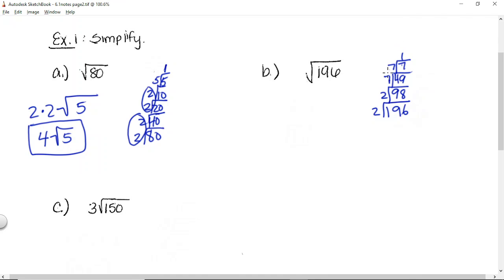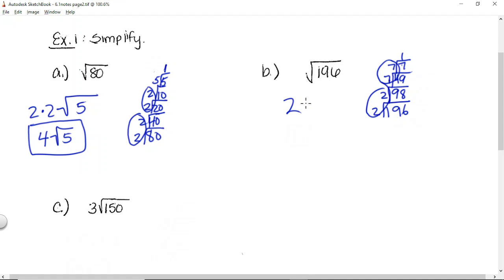And now let's look for our primes, and we're again not counting that one inside. So we look at our pairs. We have a pair here, we have a pair here. So those come outside the radical, and we have a single pair of 2s, so that gives us a single 2 out here.